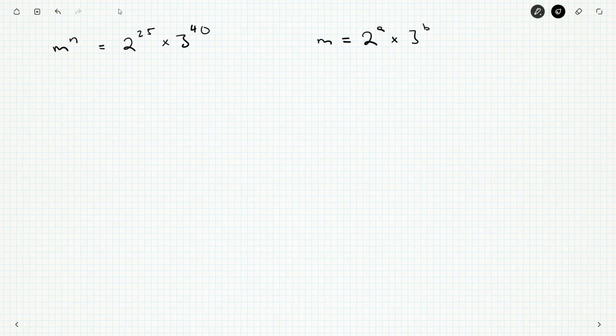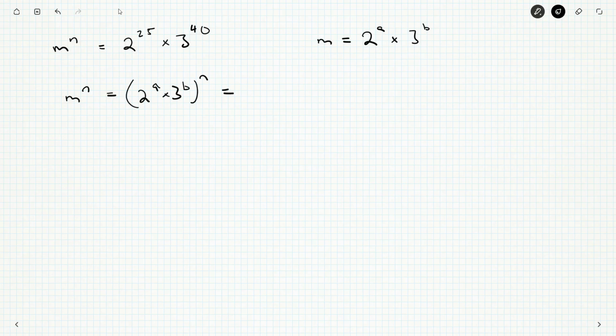It's not 2 to the 25, 3 to the 25, so the factors are not evenly distributed. But there has to be at least a 2 in m and at least a 3 in m. Otherwise, you wouldn't get the 2s and 3s as prime factors of our exponent. So m to the n has to look like 2 to the a, 3 to the b, all to the n.